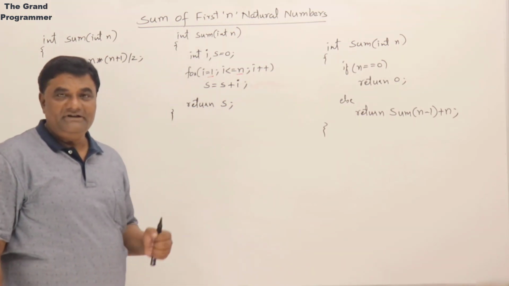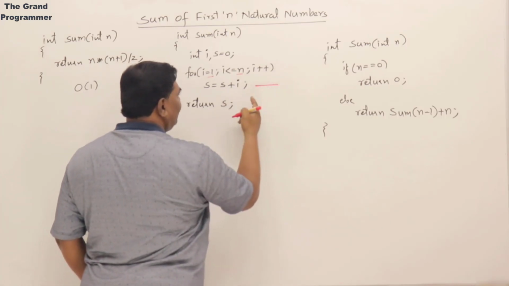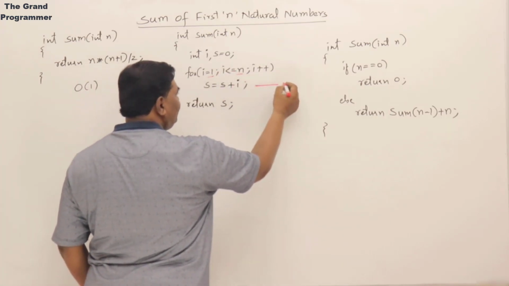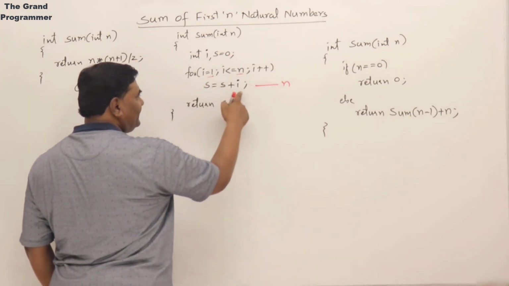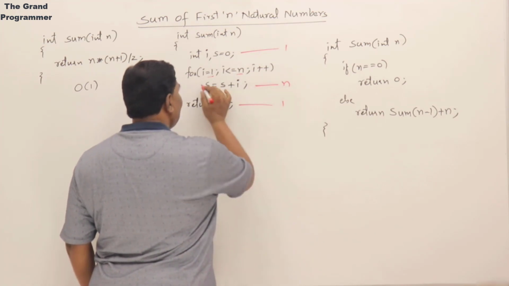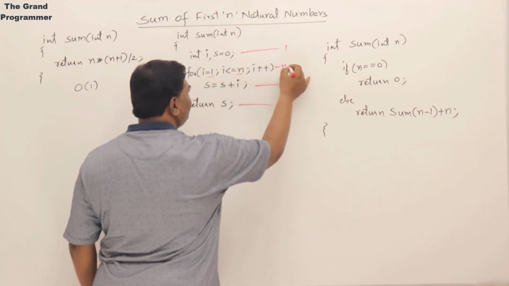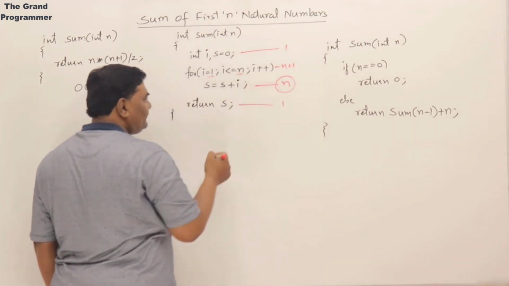If I find the time complexity of this function, one of the major important statements is this one, and this statement is repeating n times as i is taking the values from 1 to n. This statement executes one time only, and this statement one time. And if I consider the for loop, mostly it is counted as n plus 1 times. So the main statement is this one, executing n times.